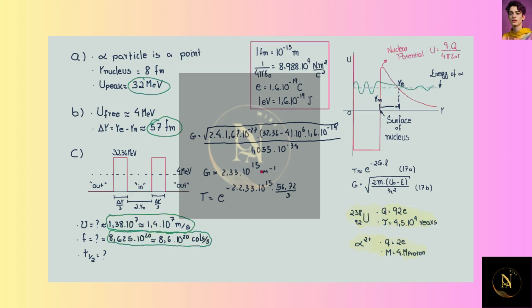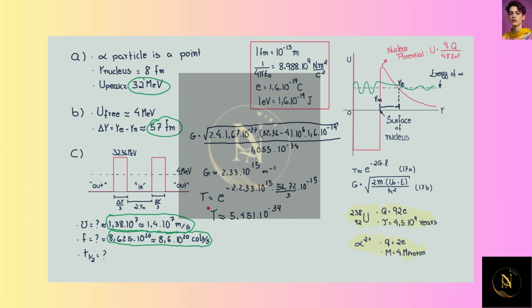Now we have meters to minus 1 here in g, so we have to convert from femtometers here into meters. We accomplish that by multiplying by 10 to minus 15. Solving that calculation results in t being approximately 5.451 times 10 to minus 39, and this is a dimensionless quantity. Also, as you can see, the tunneling probability is very small.